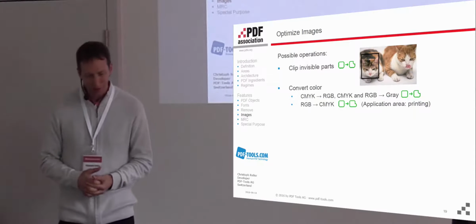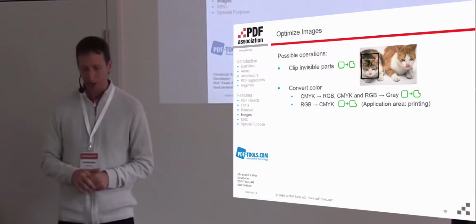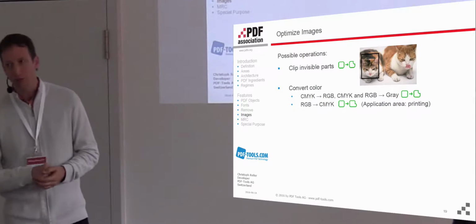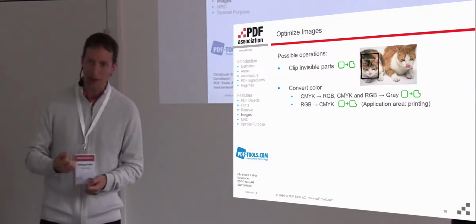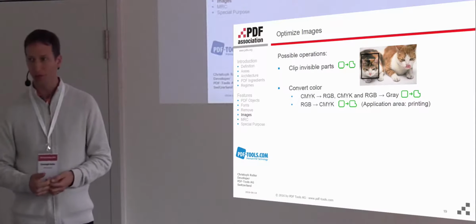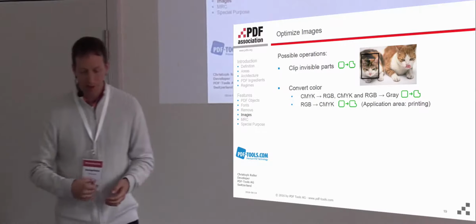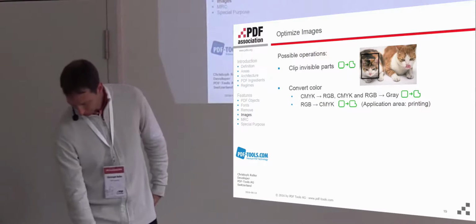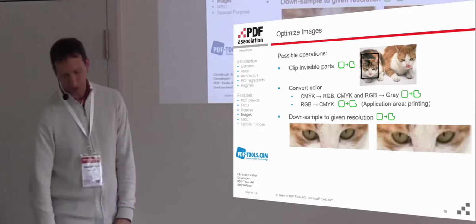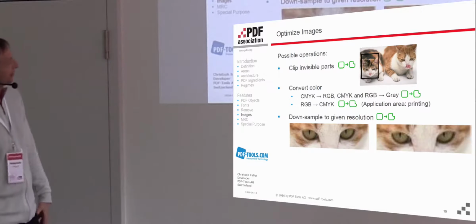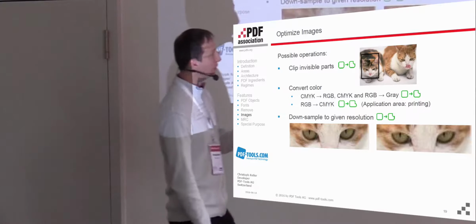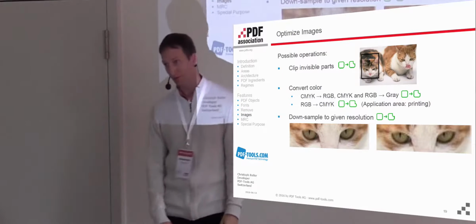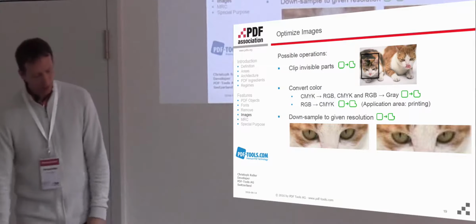And in the printing application area, people want to convert RGB images to CMYK, because this is the native printer language, so printing will potentially be much faster then. Of course, I don't know if you can see that from the back, but the image on the right is a downsampled version of the image on the left.